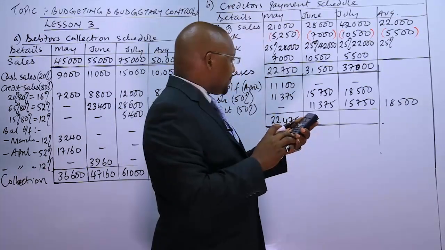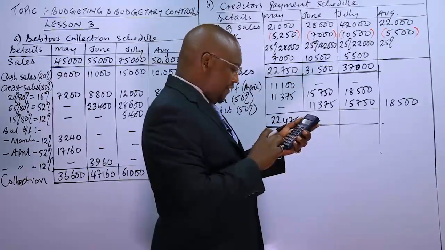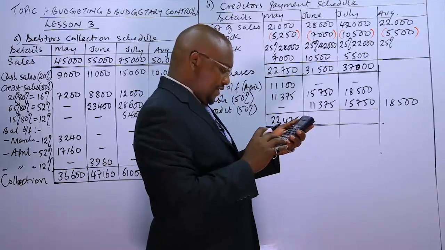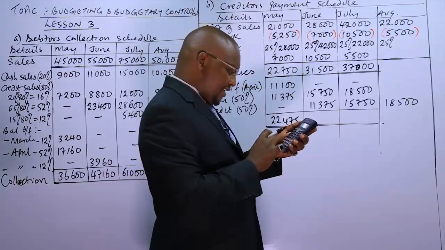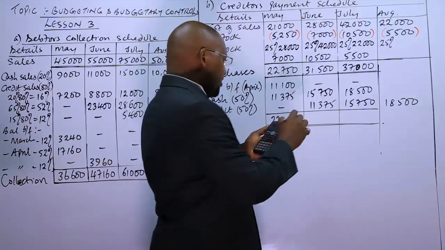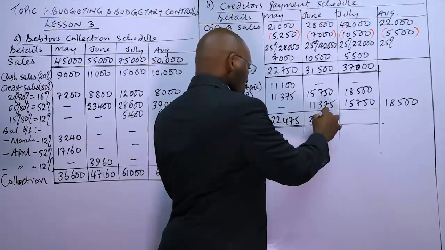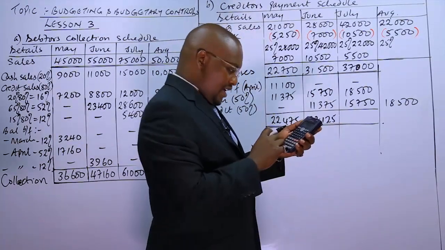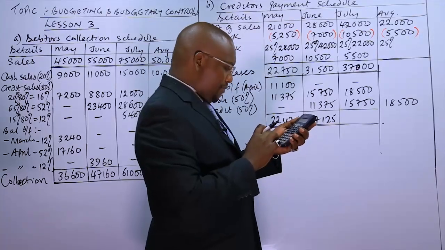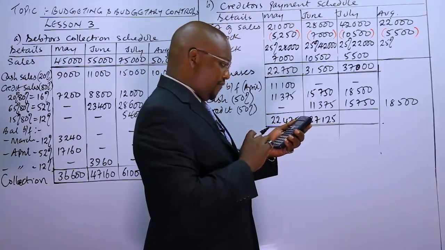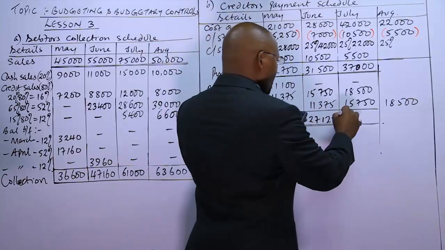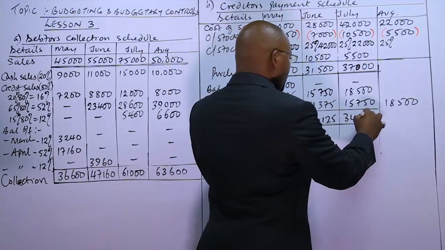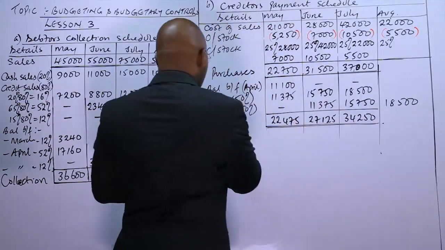Then we have 15,750 plus 11,375. This is 27,125. Then 18,500 plus 15,750. This is 34,250. So these are the payments now.